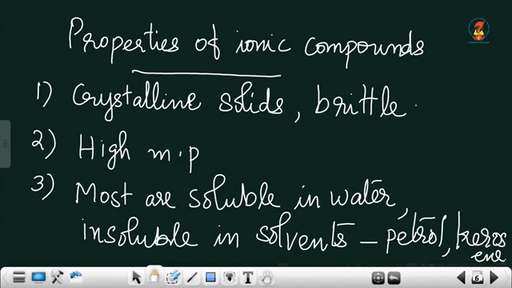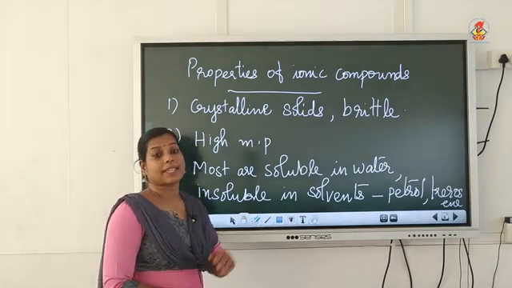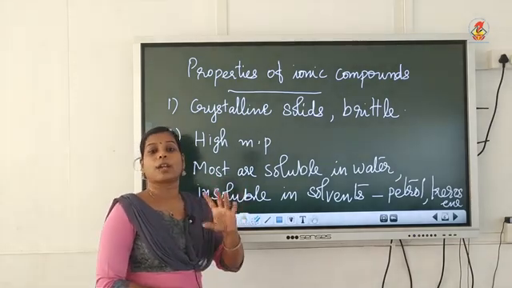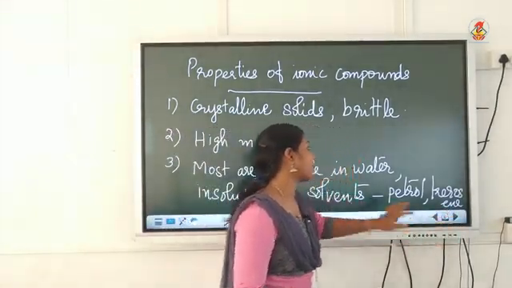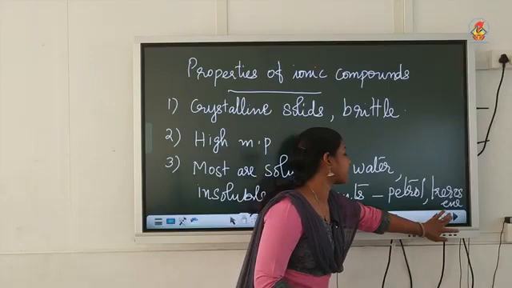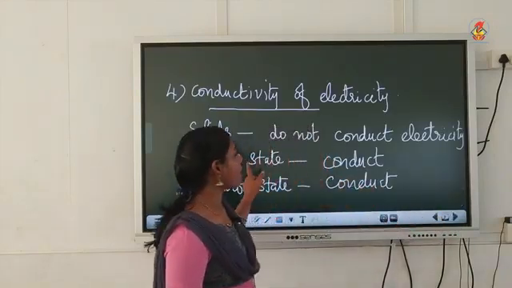And most of the ionic compounds are soluble in water, and they are insoluble in solvents such as petrol and kerosene. Then the fourth property, ionic compounds conduct electricity under certain conditions. In solid state they do not conduct electricity, and in molten and solution state they conduct electricity because there is movement of ions.